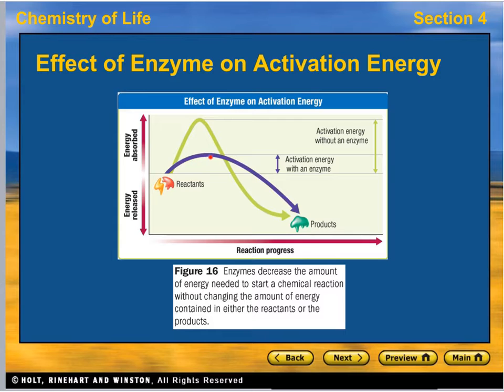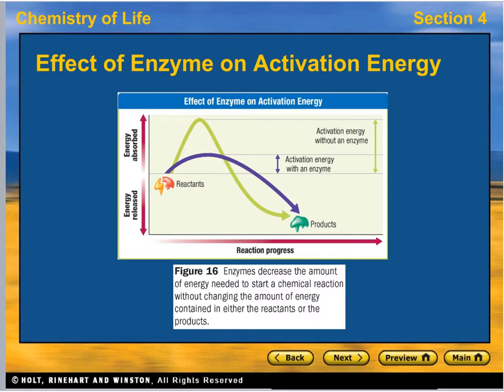Once we add the enzyme, it's going to significantly reduce the amount of activation energy, because before, this peak from our green line was our original activation energy. Now with the enzyme, you can see it's greatly reduced, and the reaction is going to occur a lot quicker too.